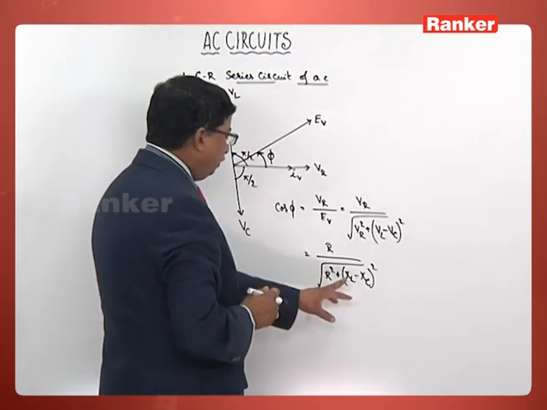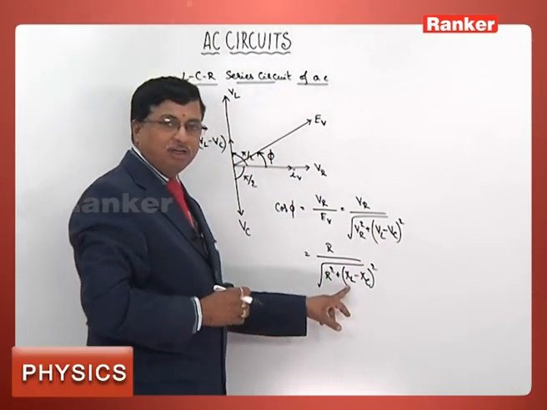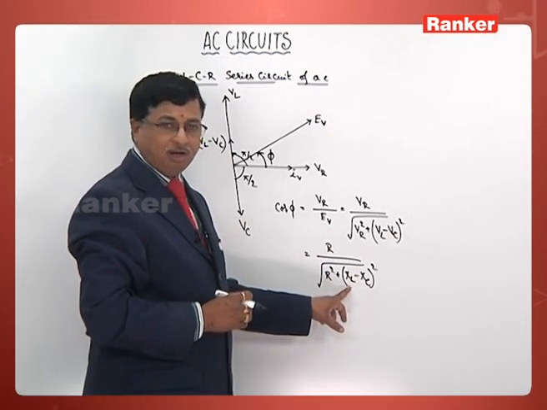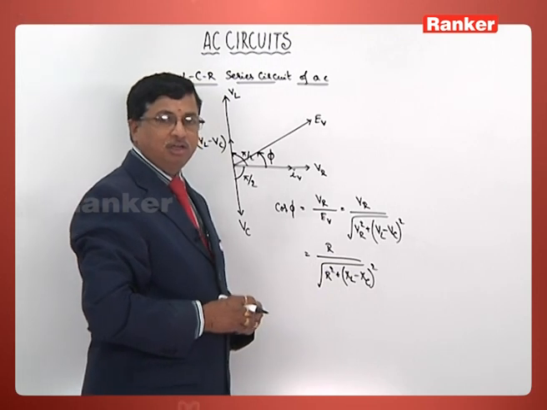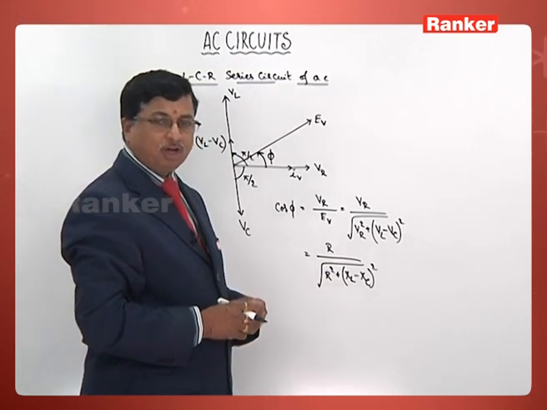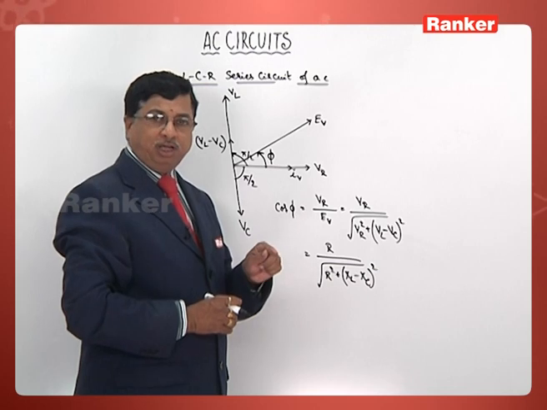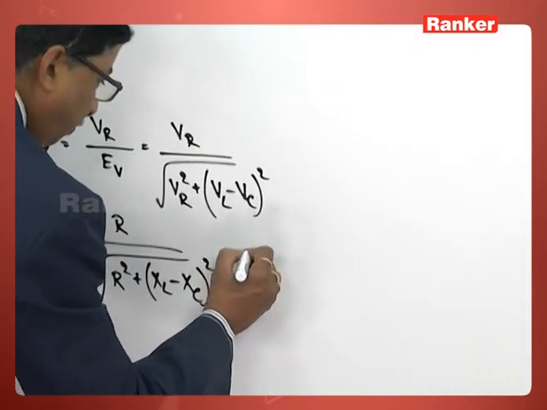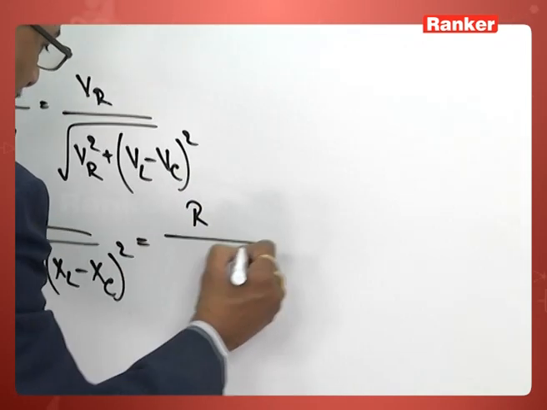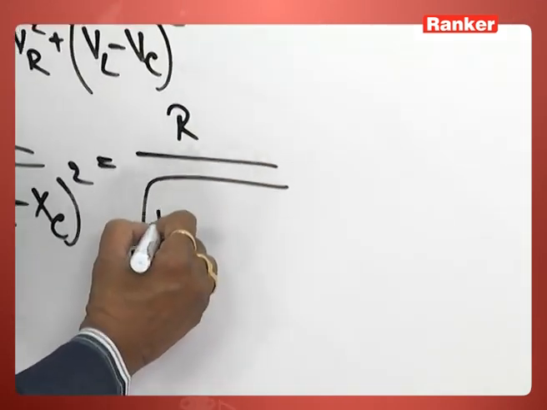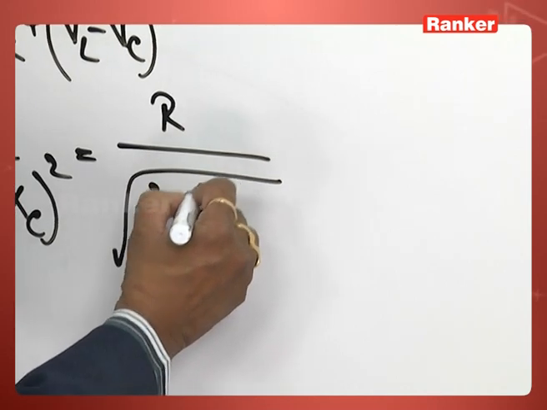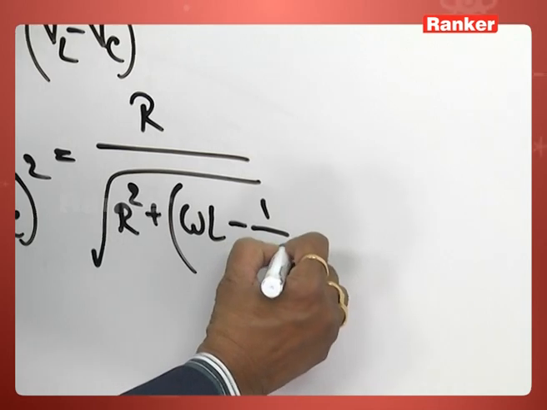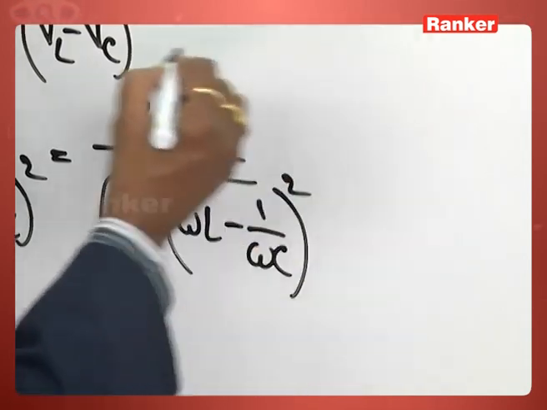XL is called inductive reactance, of which the formula is omega L, and XC is called capacitive reactance, of which the formula is 1 by omega C. Now if I write those two values here, this becomes R by root over R square plus (omega L minus 1 by omega C) whole square.